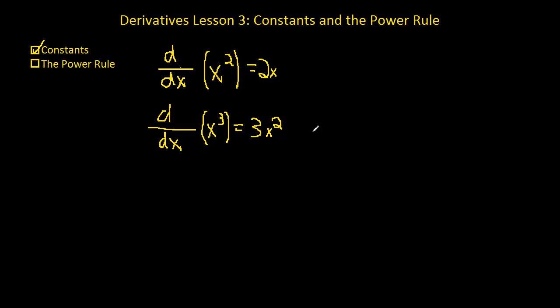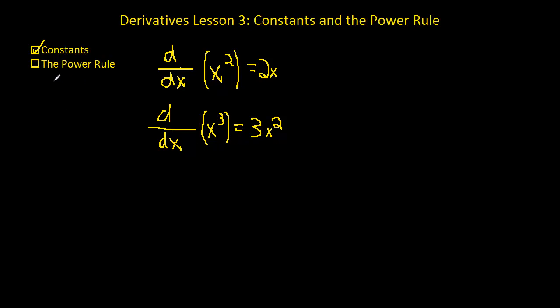Now, what we see here is that there is kind of a pattern. It's not easy to tell just from looking at these two, but I wanted to show you these in advance so we can look at these in a second.